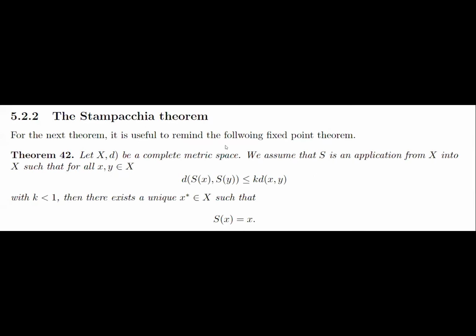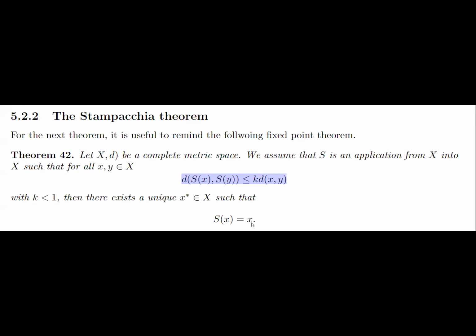So you should know that when (X, d) is a complete metric space, if S is a contraction, so a mapping from X into X such that this inequality holds with some K less than 1, then you have a unique fixed point. So here there's a typo: you either put the star here or you remove the star here, but okay, this is a fixed point.